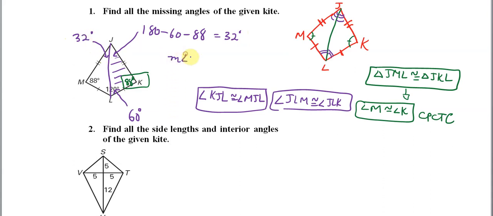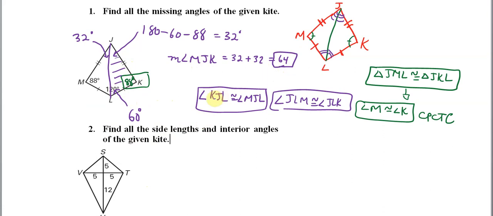So that means the measure of angle MJK must be 32 plus 32, or 64 degrees. So we have our answers now. The angle K was 88, and angle J, or MJK, was 64 degrees.